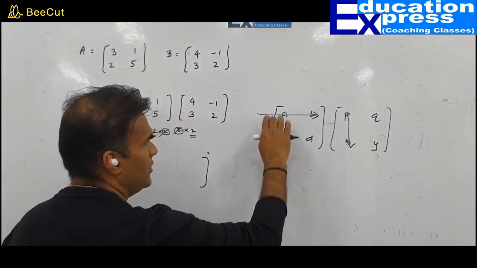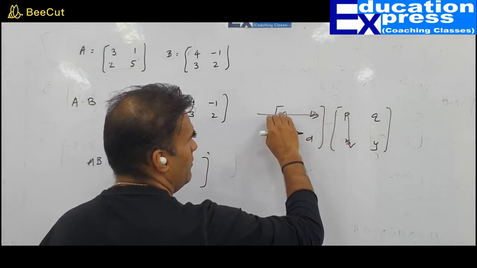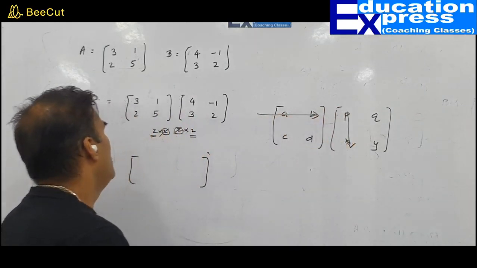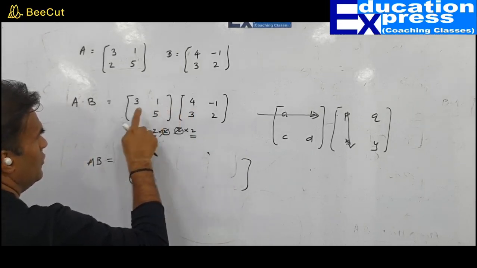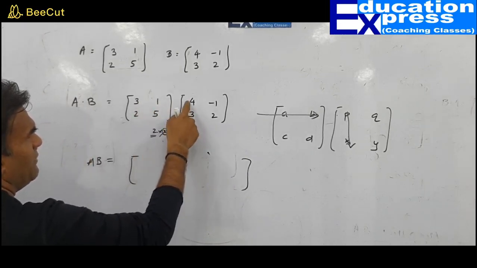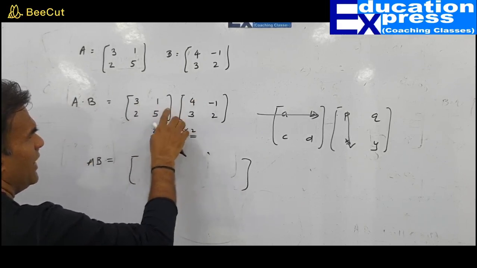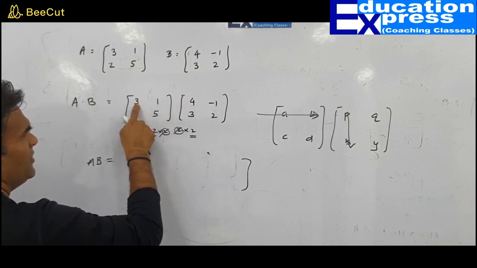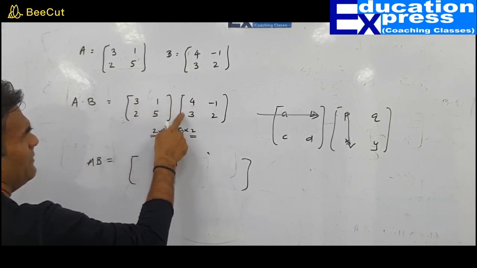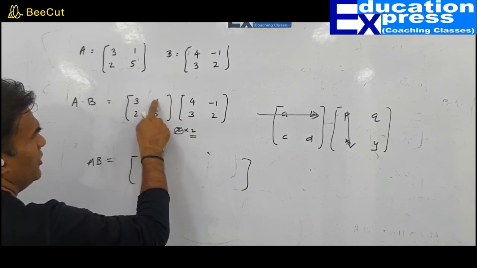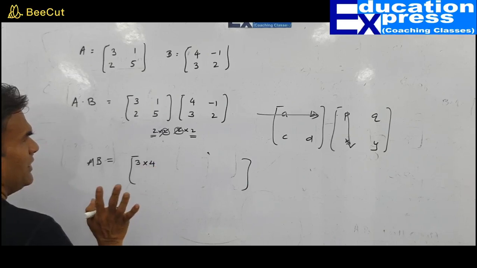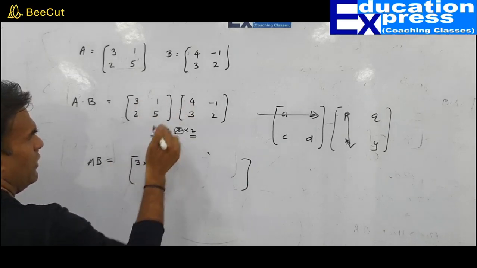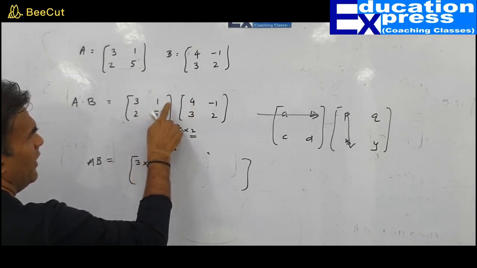So if you see the first row, 3 and 1 will get multiplied by 4 and 3 correspondingly: the first term with the first term, the second term with the second term. So 3 multiplied by 4, that's not the end, 3 into 4, plus 1 into 3.